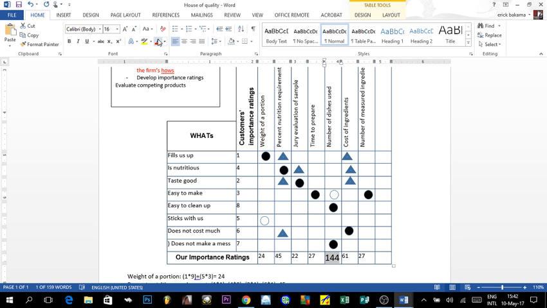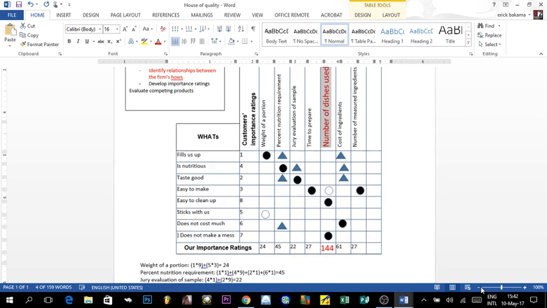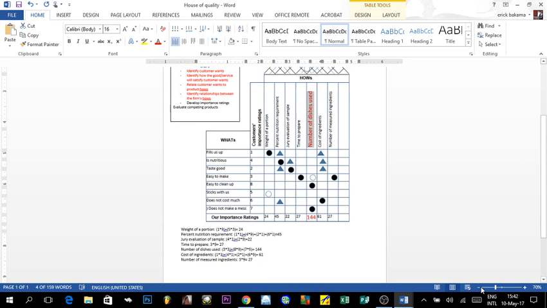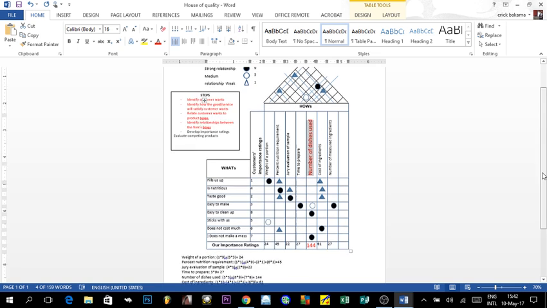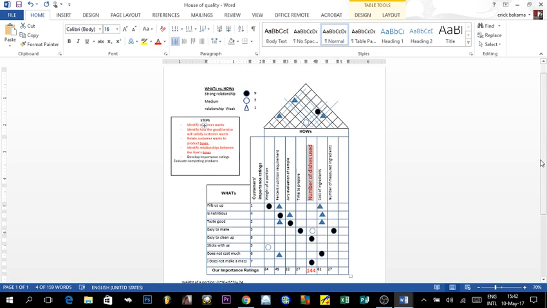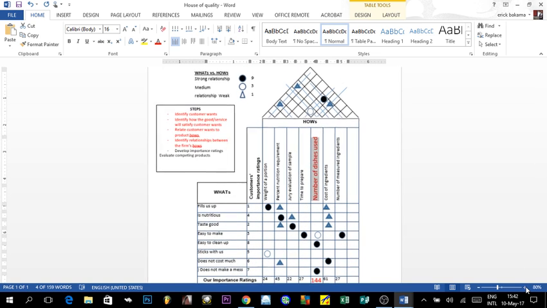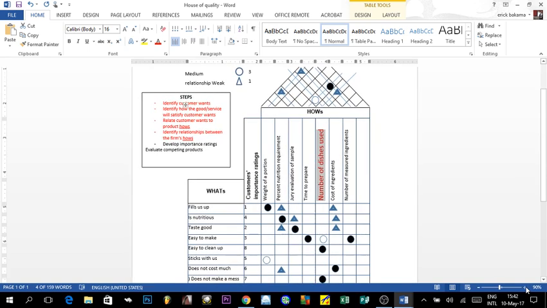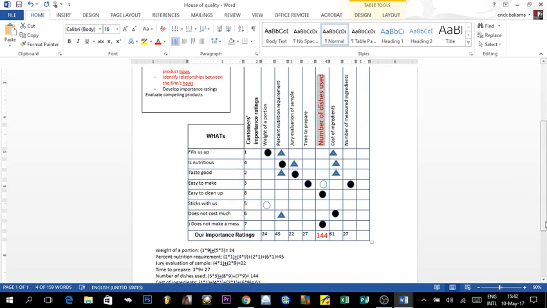If we focus on this part here, it means that we're going to satisfy the maximum numbers of our customers. Normally, companies know that we cannot satisfy everyone, but at least we can try to satisfy the maximum numbers of customers, and by focusing on the number of dishes, it's going to help us satisfy many customers and increase the sales.